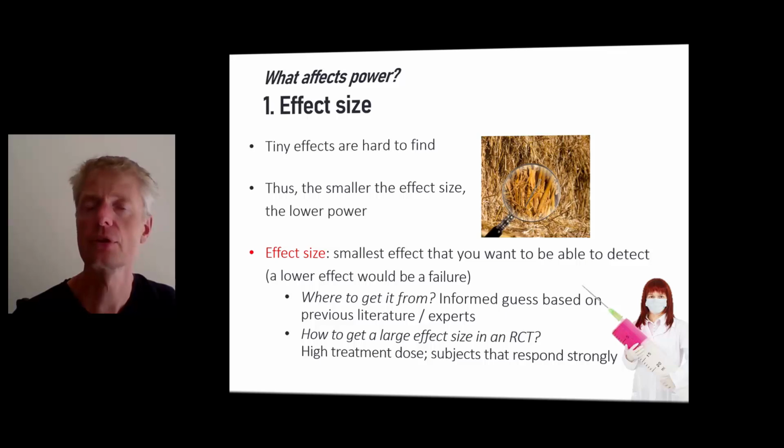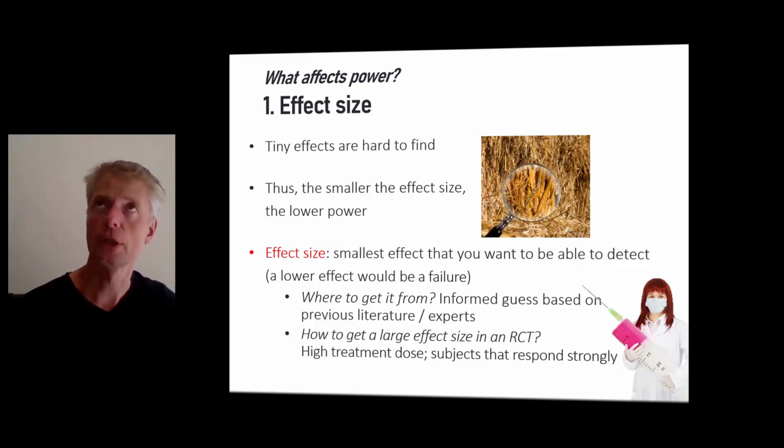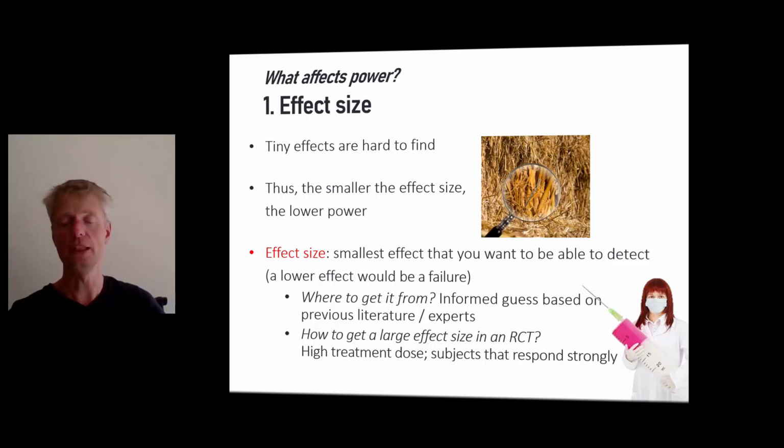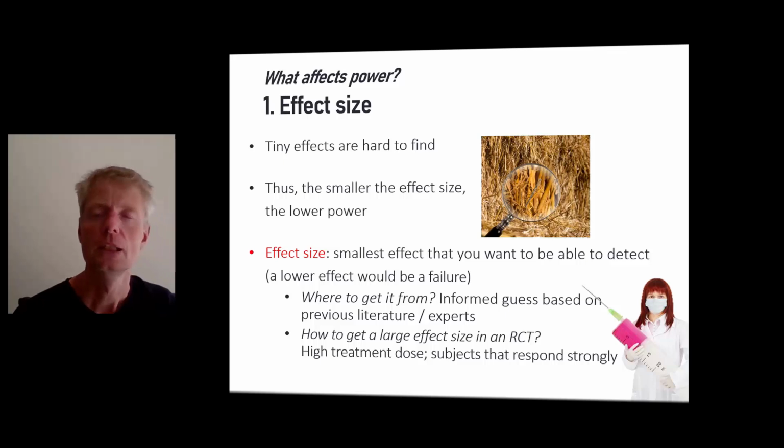So you want to test what the likelihood is that you are able to identify an effect, if there is an effect, and this effect is assumed to be, for example, 1 or 5% or what have you.